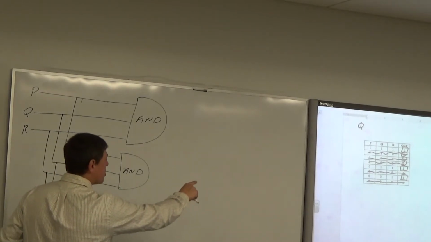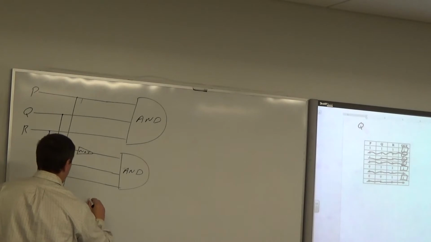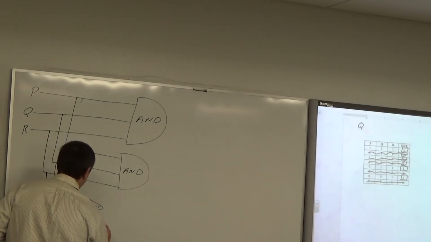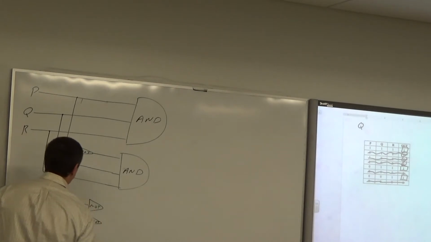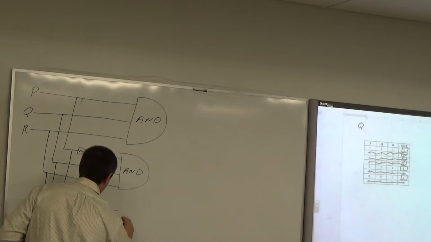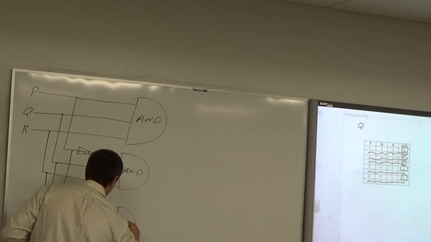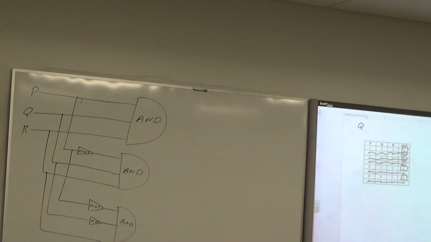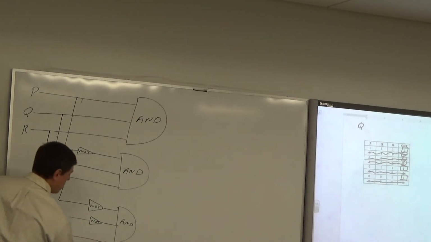Notice the P has a 0 and the Q has a 0. Anytime we have a 0, we put a NOT there. So P has 0 and Q has 0, but R does not have 0. And then I'm going to conjoin these with an AND. And I guess I should probably connect this.